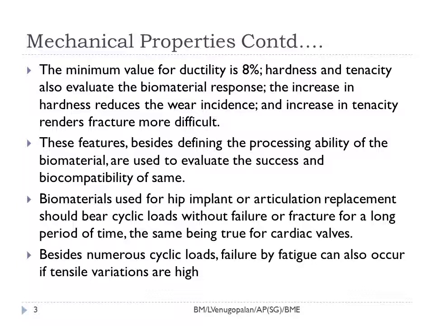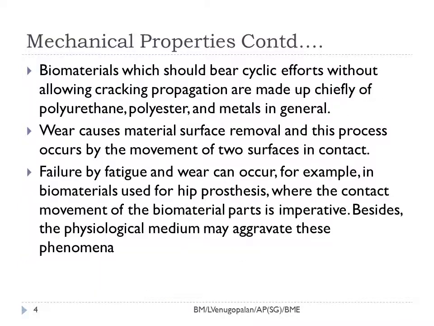Similarly, biomaterial should not lose its originality or crack when it is subjected to numerous cyclic loads. So, biomaterials that should bear cyclic loads, like for example the cardiac valves, bear cyclic efforts without crack propagation, and they are usually made of either metals, polyurethane, or polyesters.